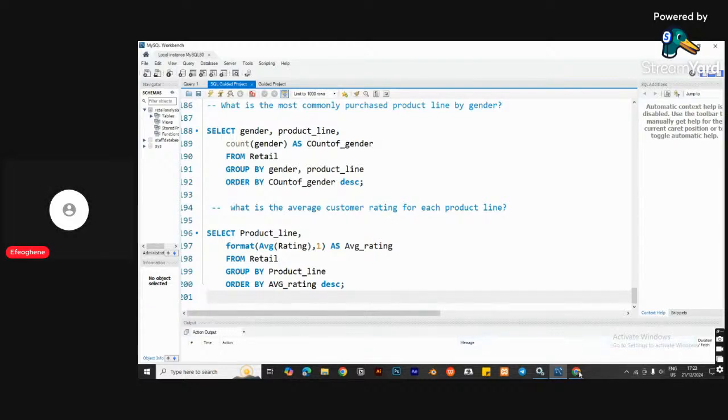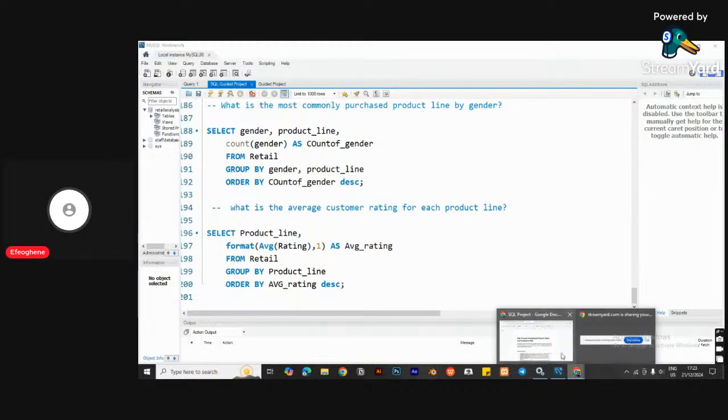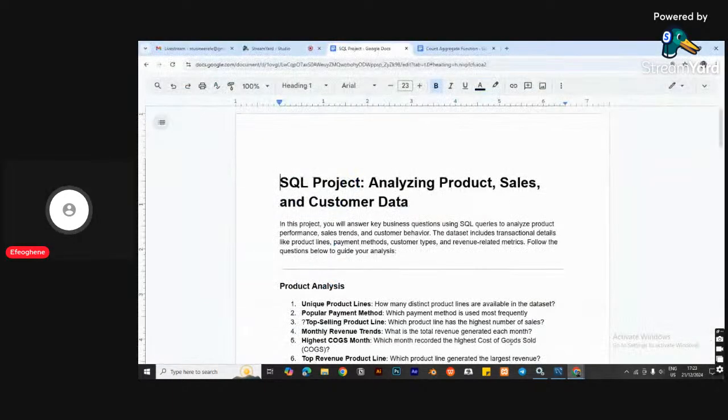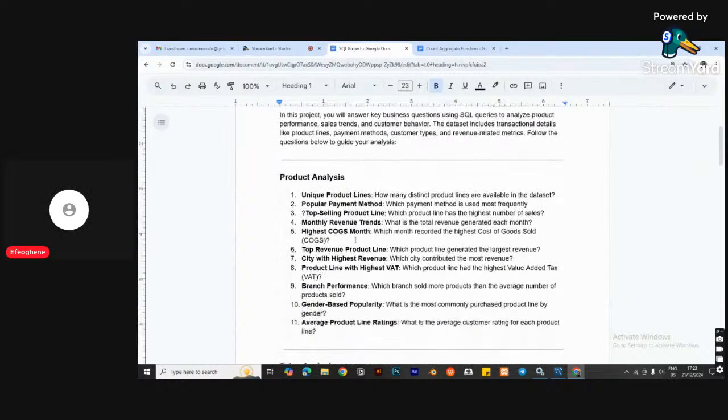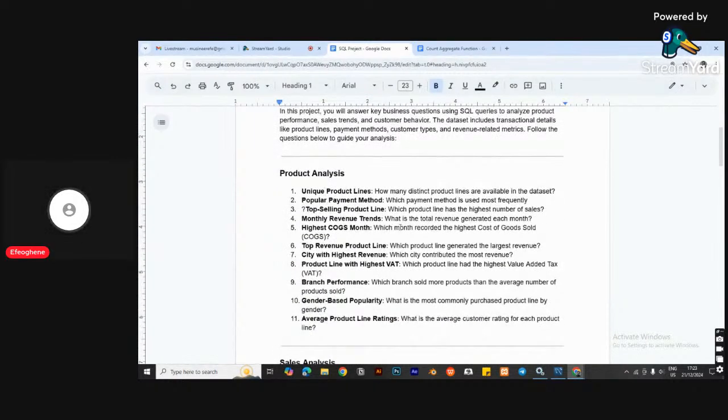All right, so we'll continue with where we stopped. We're looking at product analysis, and we were able to answer some generic questions under exploratory data analysis, trying to understand what the data represents.